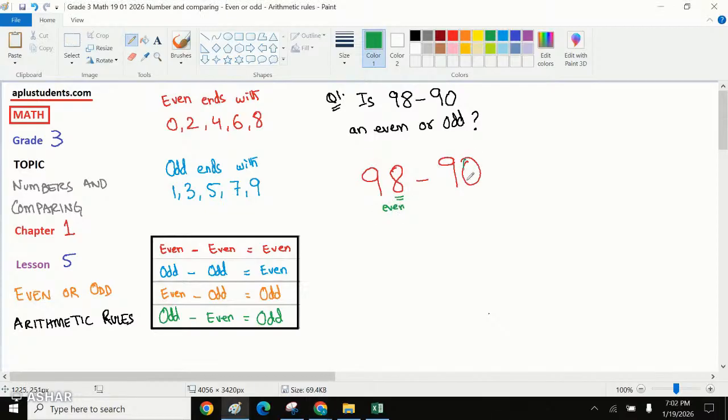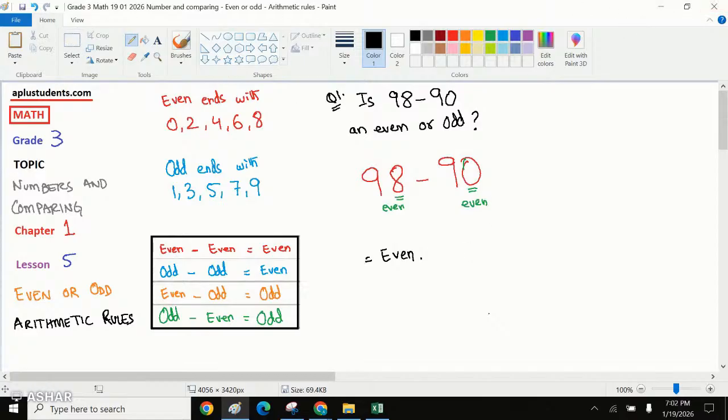And the second number that we have is 90. It is also even. So when an even number subtracts an even number, the result is always even. Okay? The answer would always be even.